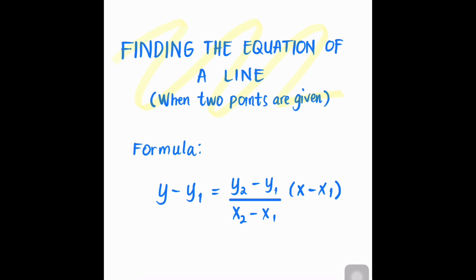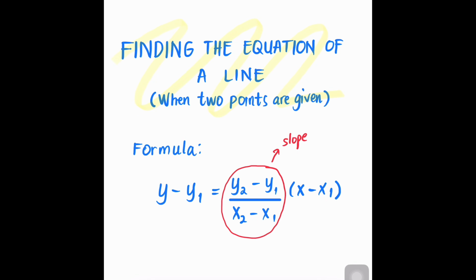If you still remember from my previous video, this part of the formula is actually the slope of the line. And maybe you're wondering where we're gonna get the values for y sub 1, y sub 2, x sub 1, and x sub 2.